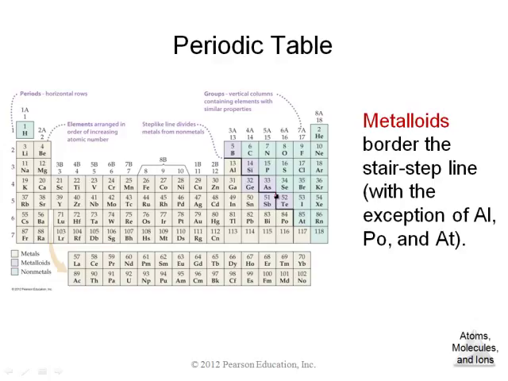So this area is all the non-metals, this corner. Then we have this stair pattern here. Can you see a color difference? The light green color, this is called the metalloids. And the rest of them, all you see in this area with this blue color, they are all metals.